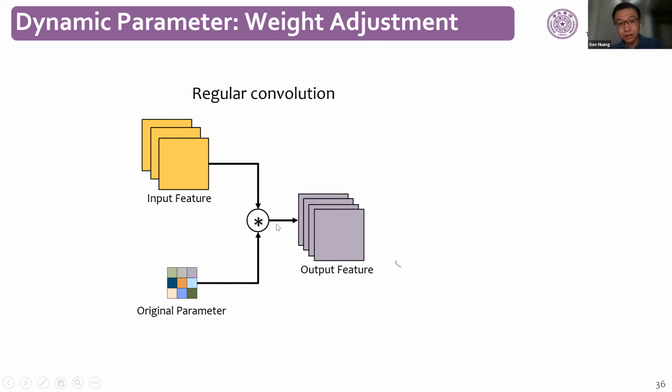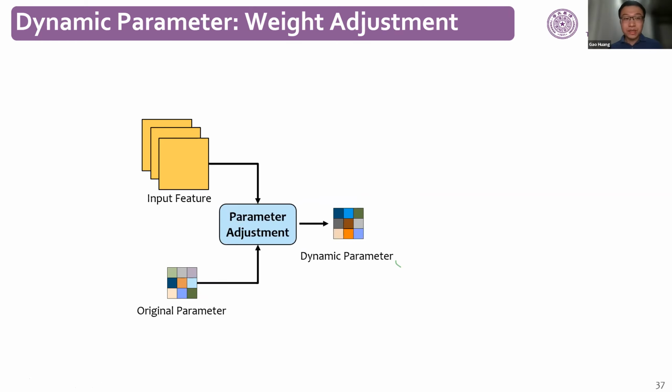So this is the classical convolutional module. All right, and the first type of dynamic parameter network is where we add a parameter adjustment module, which will adjust the original parameter a little bit, and the adjustment is data dependent.